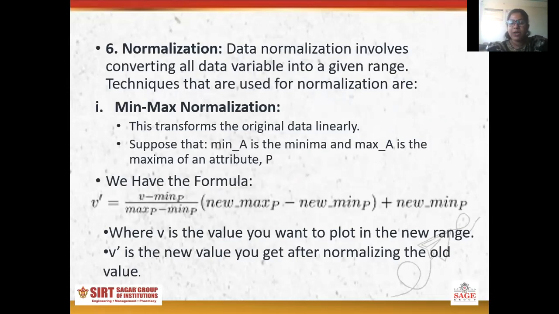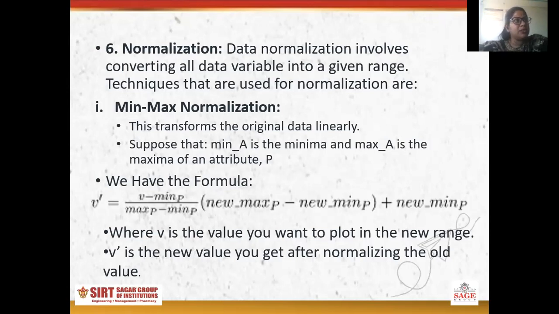There, every 1 unit is equal to 1 kilometer, because if they started mapping the exact distance, the map would be very vast and would not be concise in the Atlas. So they have normalized it. Similarly, when we normalize data, we are converting all the data variables into a given range.